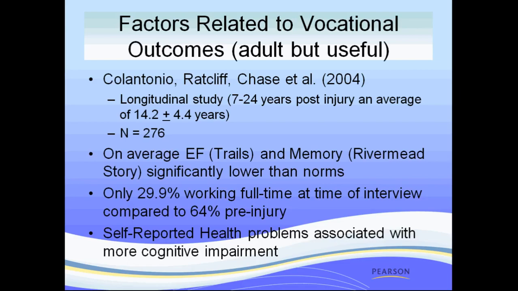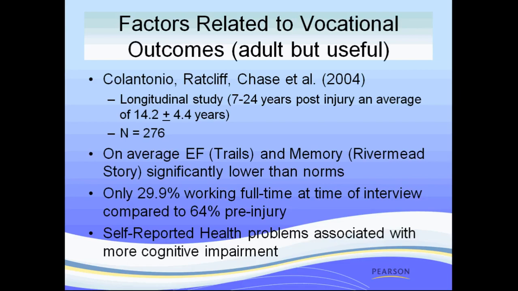On average, mostly they had impairments in executive functioning and in memory functioning. Only 29% were actually working, compared to 64% at the time of the injury. So this is 7 to 24 years later. They haven't recovered enough in order to go back to work.